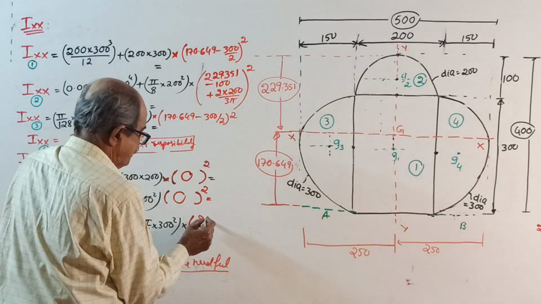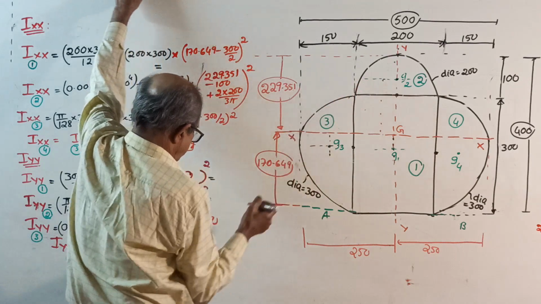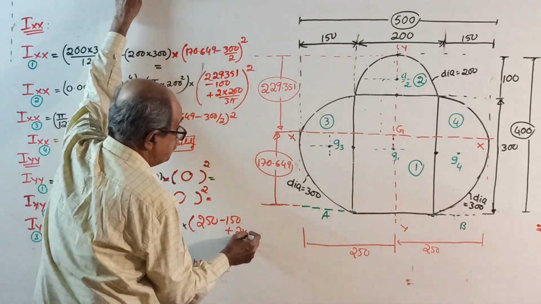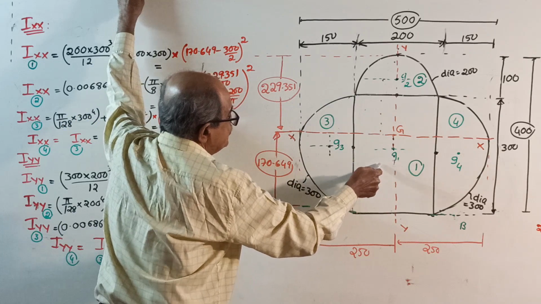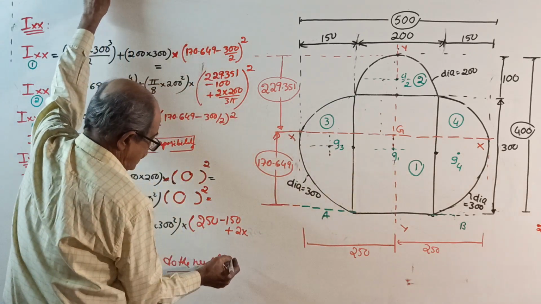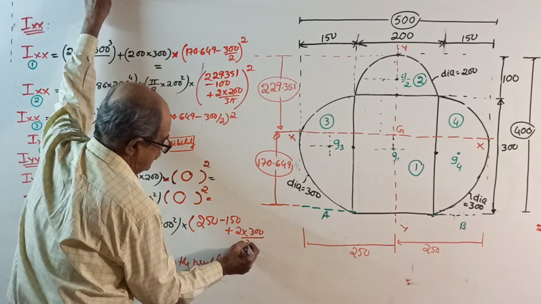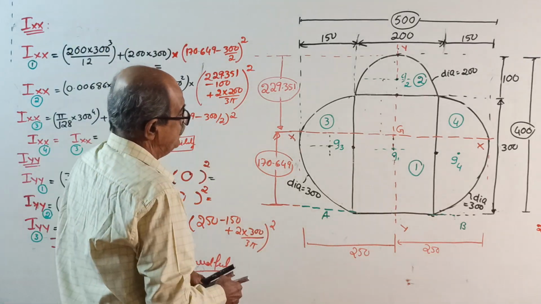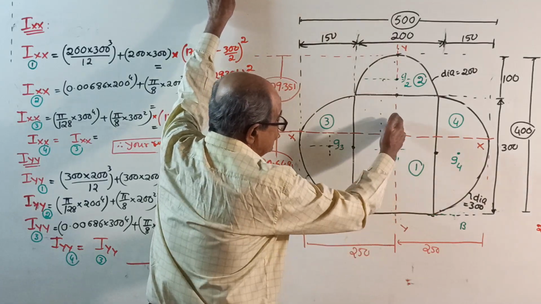250 minus 150 will give you this distance, plus 2d by 3 pi, 2 into 300 divided by 3 pi, whole squared. Or you can do one thing: when this is exactly the center, symmetry is there.